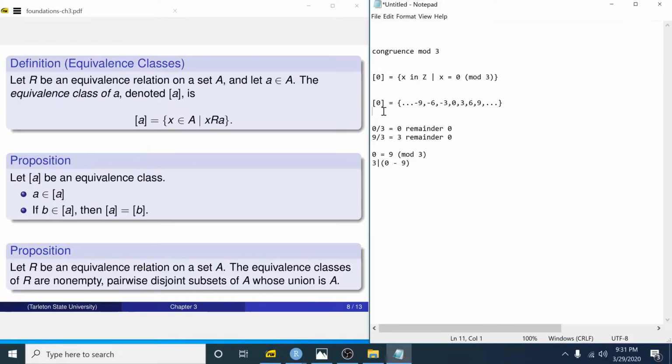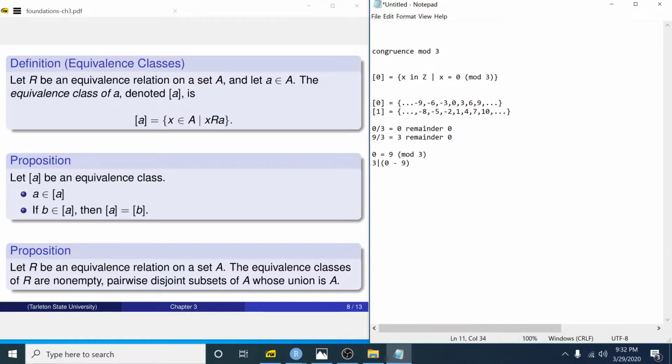Now, what about bracket 1? What is bracket 1 going to look like? Well, it's going to follow a pretty similar pattern. So let's see. It would be -8, -5, -2, and then 1, 4, 7, 10, and so on.